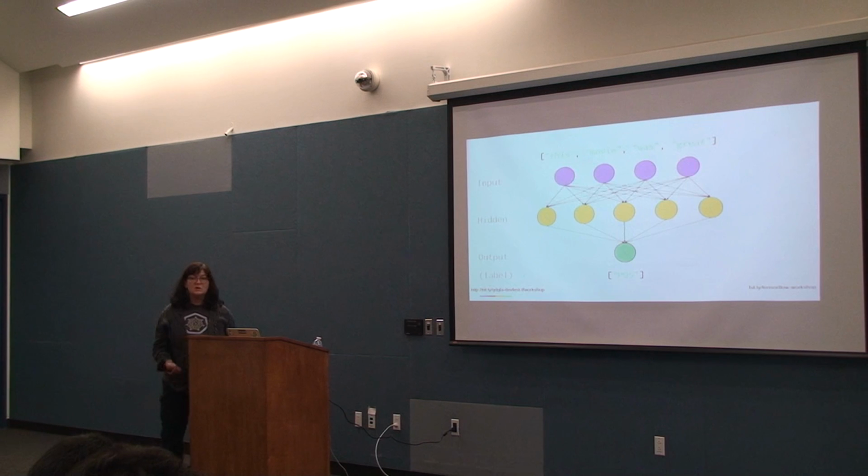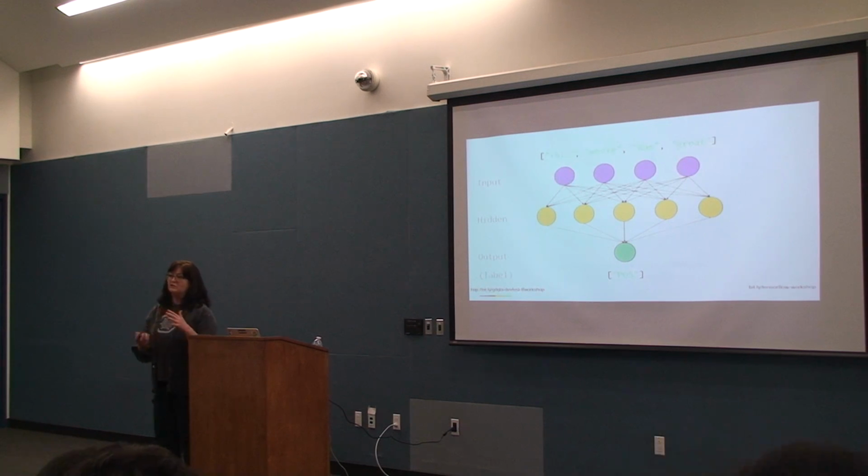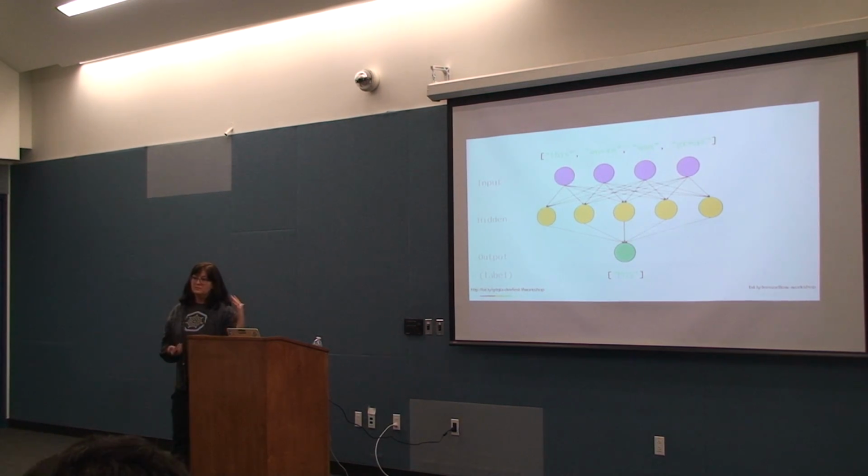Okay, so what is a neural net? Here's a highly abstracted version of one neural net architecture. There are many different neural net architectures. This is suggesting a common one, often called a feed-forward neural net or fully connected neural net, where you've got input nodes, you've got output nodes, and then you've got some number of so-called hidden layers connected like this.